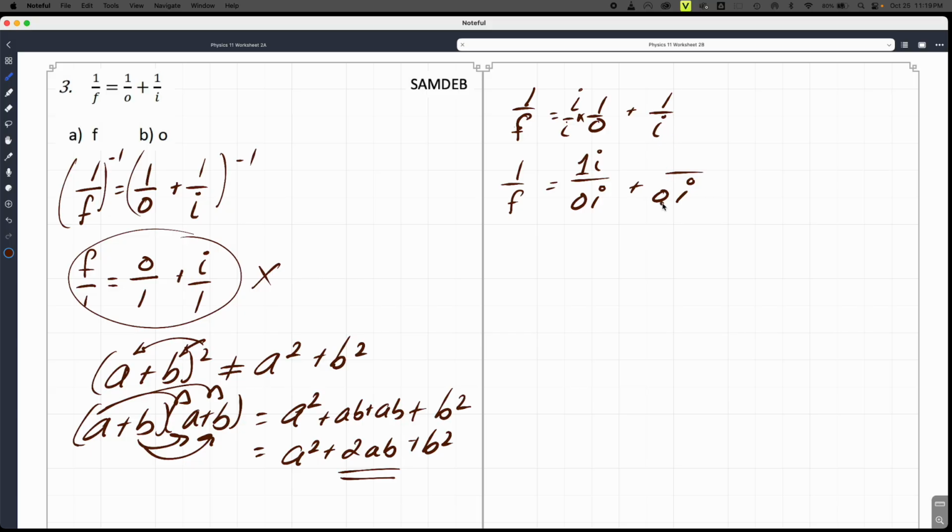Here, to achieve OI for the denominator, we're going to have to multiply the denominator by O, but also the numerator by O. In both cases, I over I is 1, so we're effectively multiplying 1 over O by 1. And O divided by O is effectively 1, so we're multiplying 1 over I by 1.